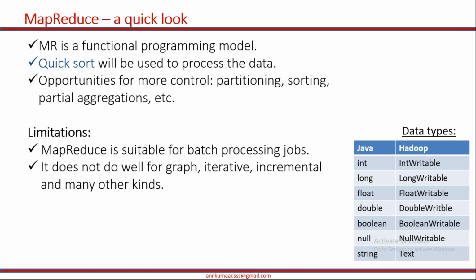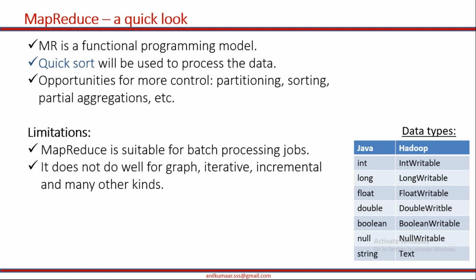The same word count program you can process with the help of the Spark framework also. When we get to the introduction of Spark, I will show you how to run the word count program in a Spark environment, so that you get some idea. Of course, it needs knowledge of Scala, I do agree, but just to get a comparison of how you're going to process it in the Spark environment, I'll show you that.